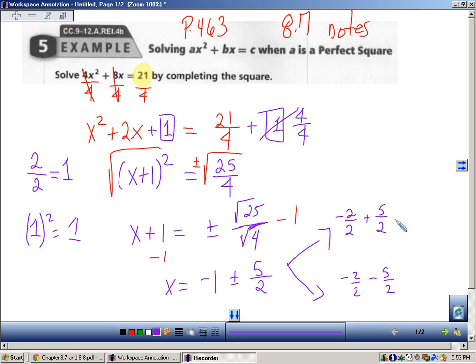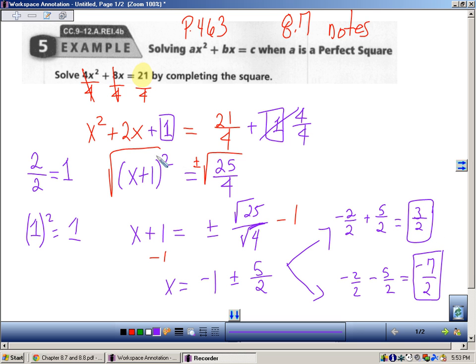And so working that out gives us 3 over 2. So that's one value of x. And here down low we end up with negative 7 over 2. You could convert these to decimals with no problem, but I'm going to keep an exact form. So x is 3 halves or negative 7 halves.